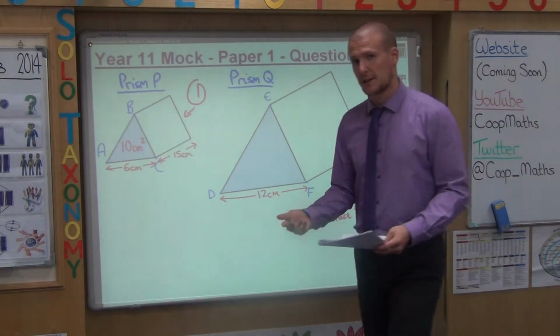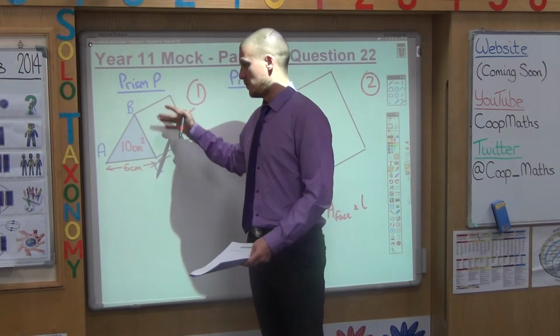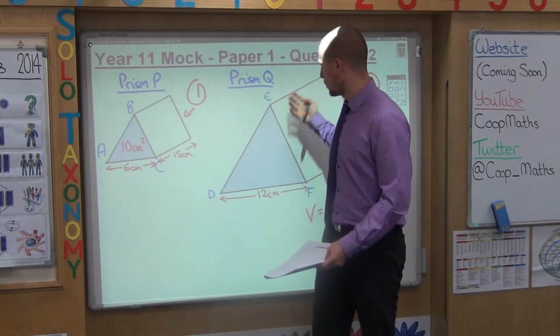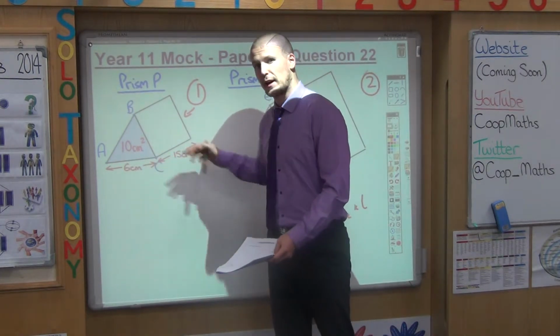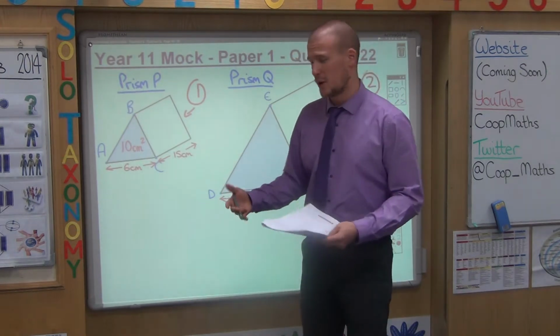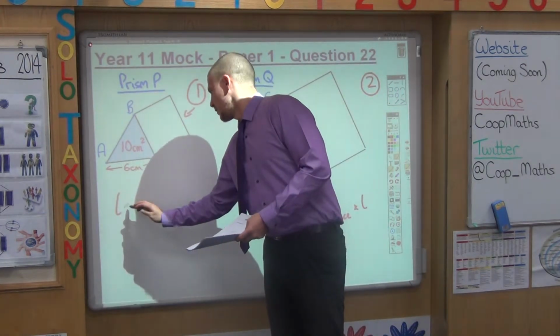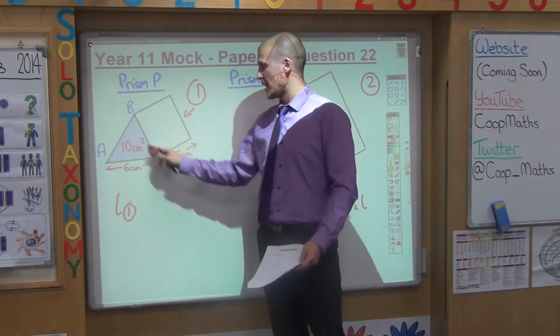Now there is a scale factor in play so that when you multiply any length of this object 1, you will end up with the lengths in object 2, and it will be the same scale factor in between, otherwise they wouldn't be similar. In formula terms, this is what I would write. The length of anything in 1, I mean this is a length, this is a length, these are lengths.